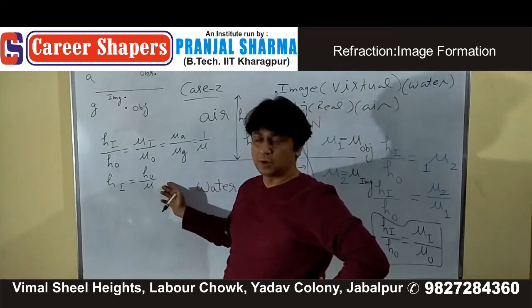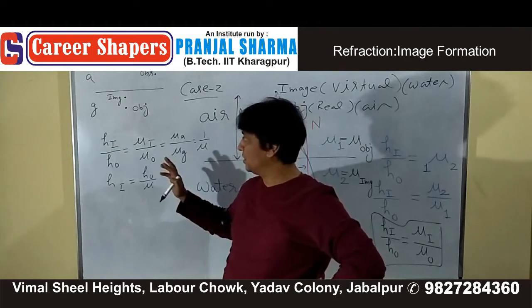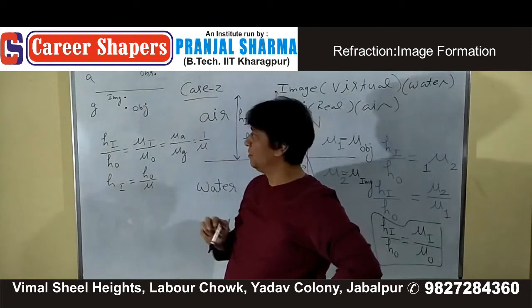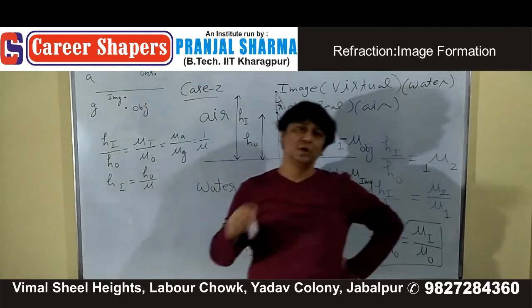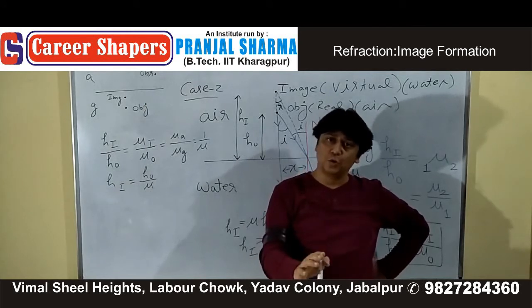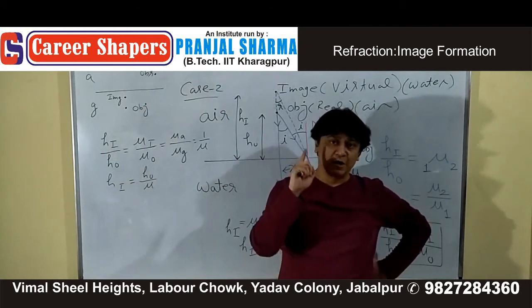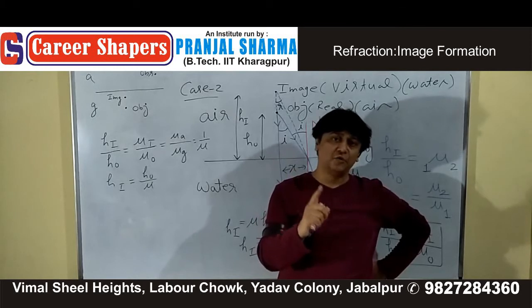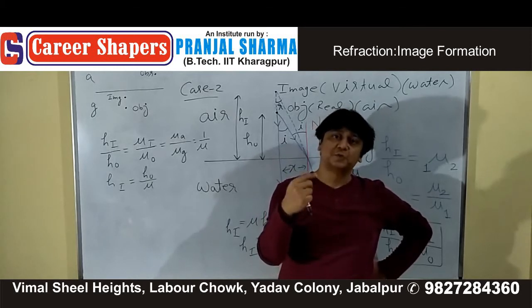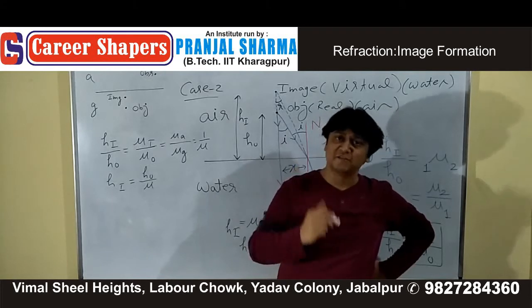It's this much simple. You just have to remember one format for case 1 or case 2, that is hi upon ho is mu I upon mu o. The only thing you need to know is image forms in the medium of observer. Object is present in the medium they give to you.